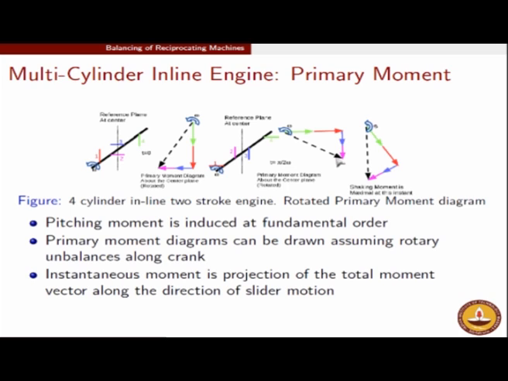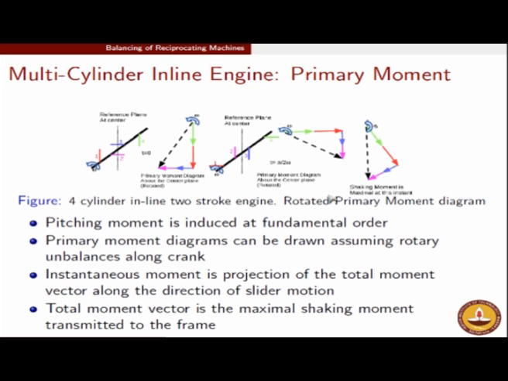There will be some intermediate configuration wherein the total moment, this dotted arrow, exactly aligns itself in the x direction. This moment is going to be the maximum moment that you will get in your frame. So though we are able to resolve the primary and secondary forces, the moments associated with the cranks still remain, and this is how we can calculate the maximum moment hitting the frame or the crankcase of our IC engine.